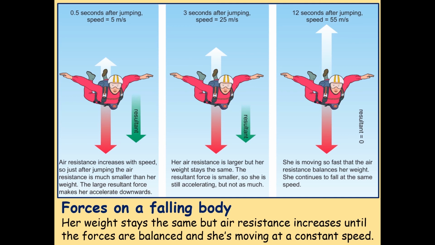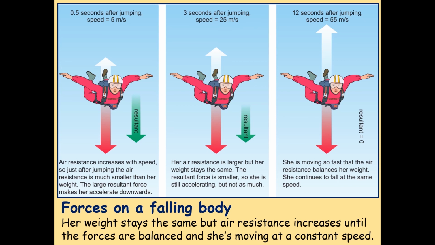After a few seconds, the air resistance is large, but your weight never changes. So you actually start accelerating less. You're still accelerating, but the rate of acceleration is lower. So you're still speeding up, but not as fast as you were before.